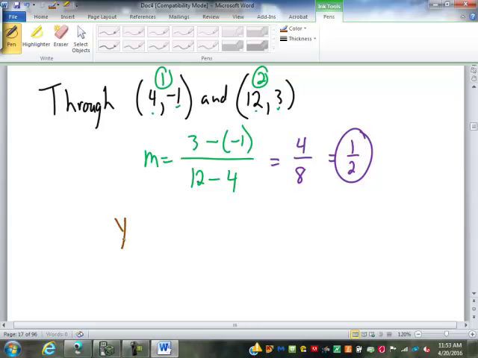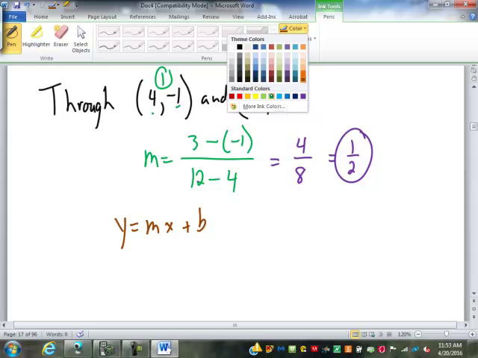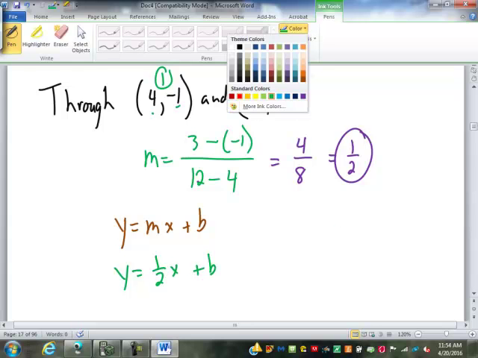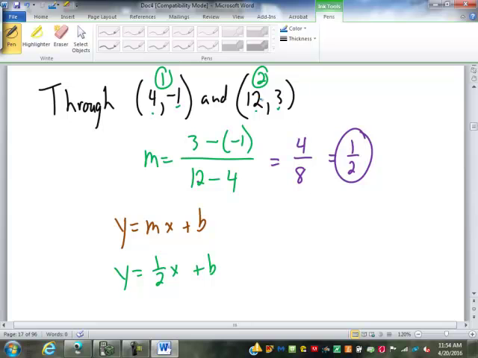Back to our generic equation, y equals mx plus b. We now know that m, the slope, is 1/2. So y equals 1/2 x plus b. And again, we can pick either point to figure out what b is. I'm going to pick the 12, 3 just because I try to avoid working with negatives when I can.